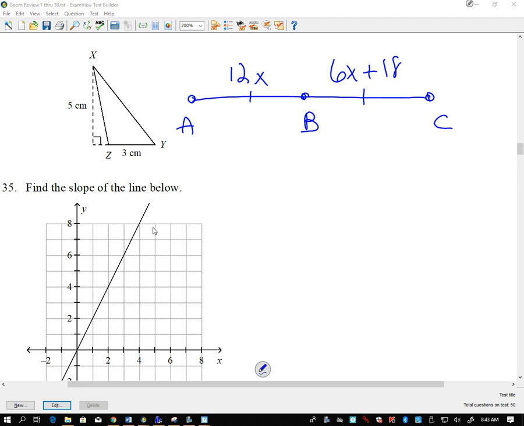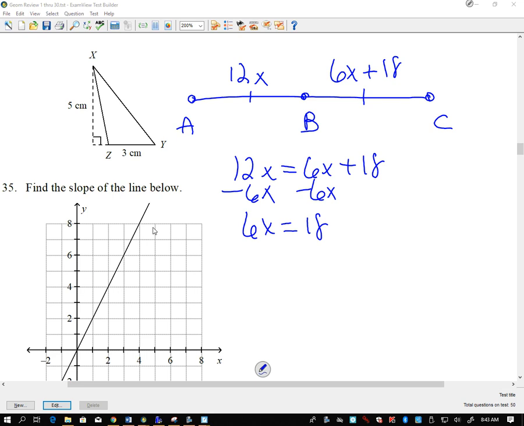Okay? What can we do to start with this? Set them equal to each other. So 12x equals 6x plus 18. Chandler, what would you do from there? Subtract 6x from both sides. Okay, what does that give you? 6x equals 18.